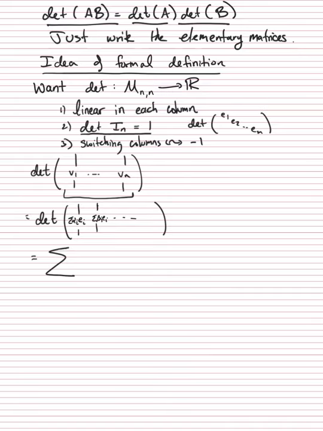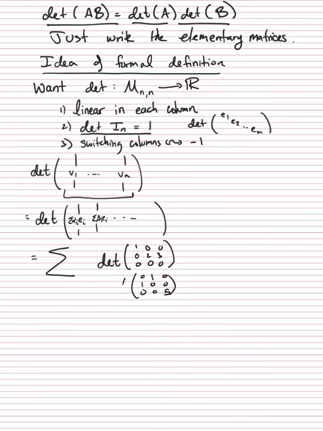And what I end up with is terms which look like the determinant of matrices with exactly one non-zero entry in each column. So it'll look something like 1, 0, 0, 0, 2, 0, 0, 3, 0. Or 0, 1, 0, 1, 0, 0, 0, 0, 5.